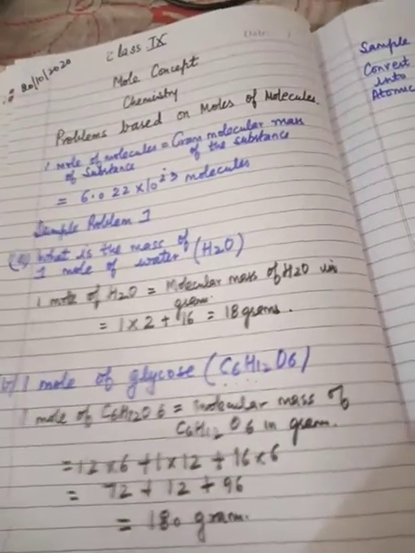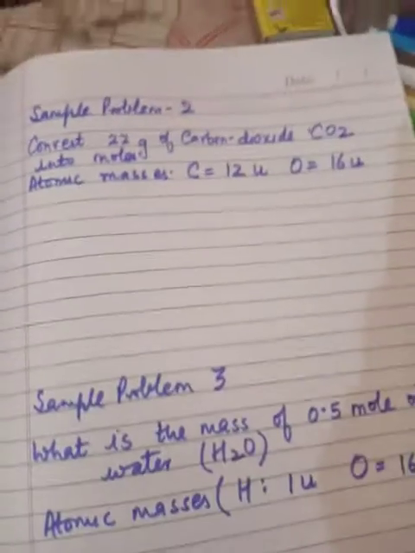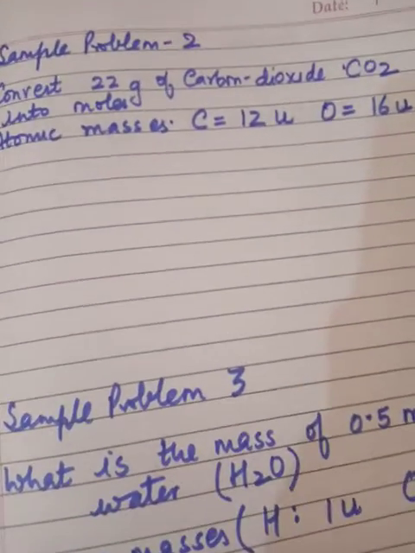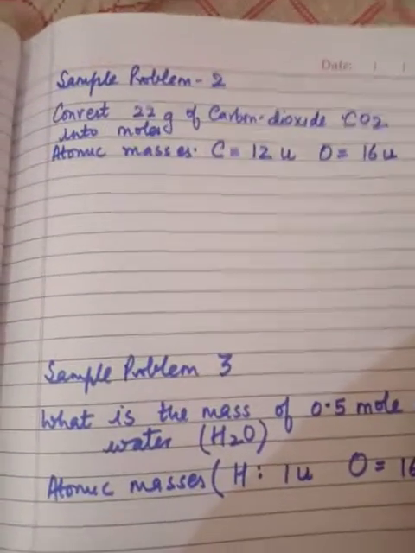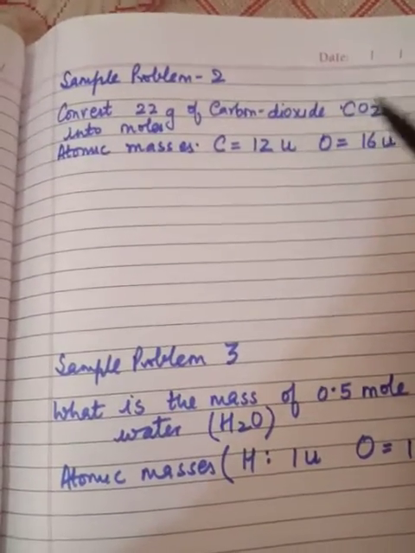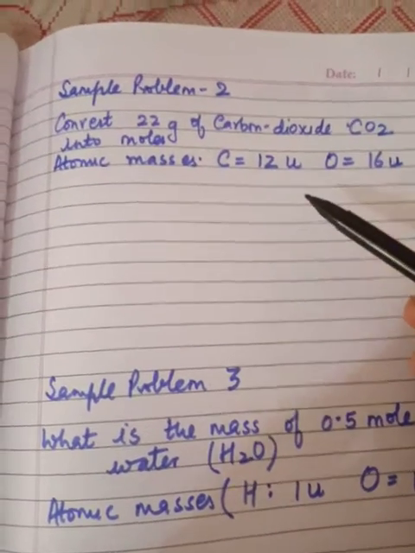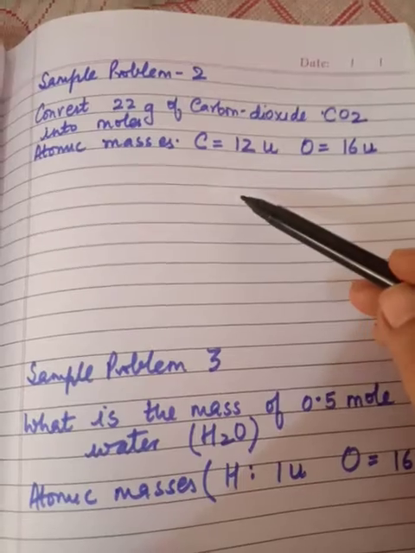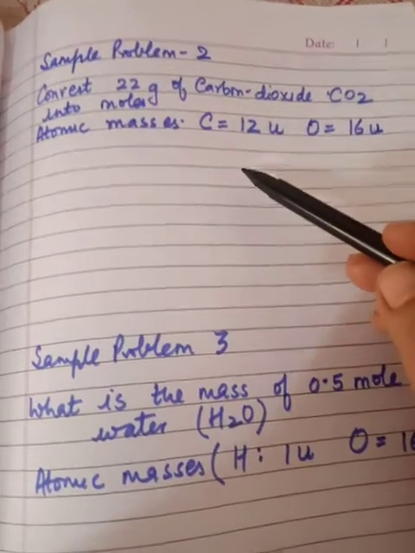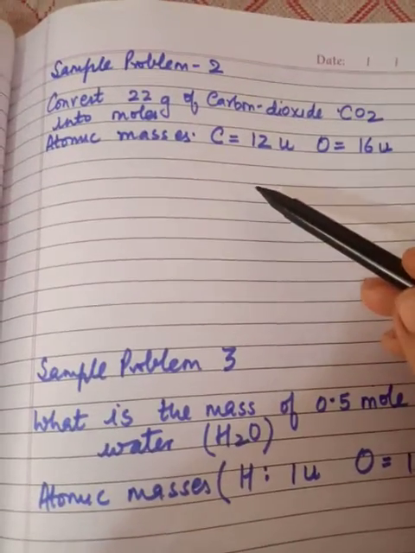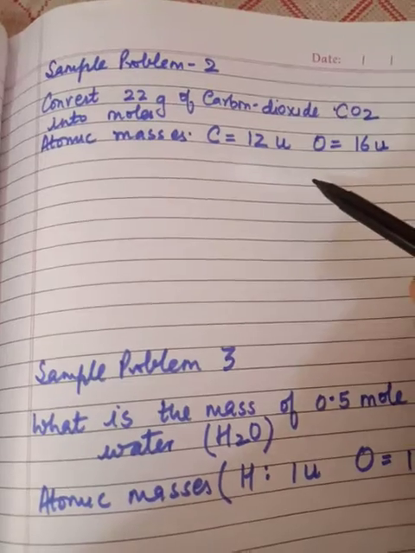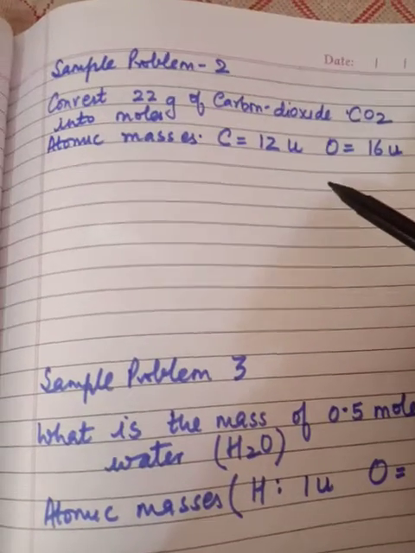Right? Now another one, sample problem 2: convert 22 grams of carbon dioxide, CO2, into moles. Here, the atomic mass of carbon is 12 u and the atomic mass of oxygen is 16 u.